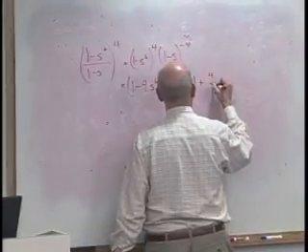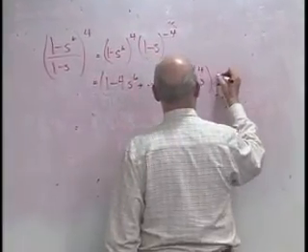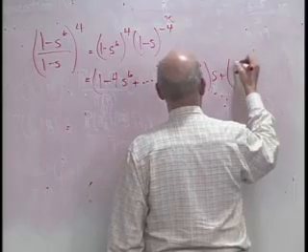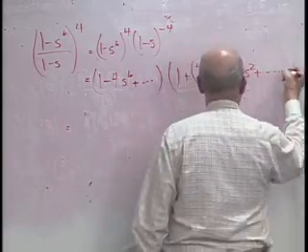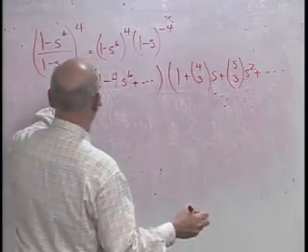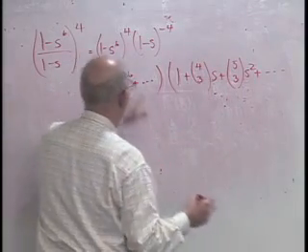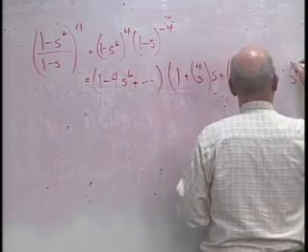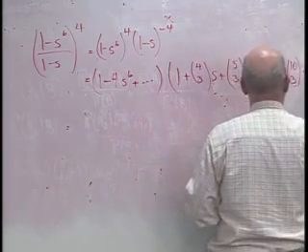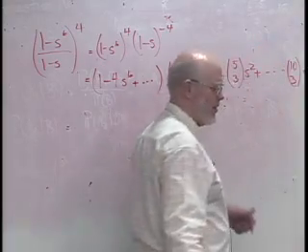plus 4 choose 3 s plus 5 choose 3 s squared plus, and now the only term that's going to matter, because I had an s to the 4th here, is the one in s to the 7th, which has to be 10 choose 3, s to the 7th.